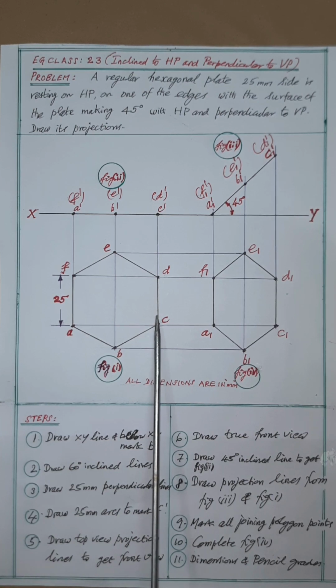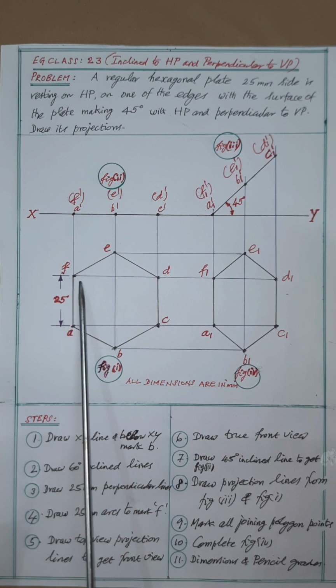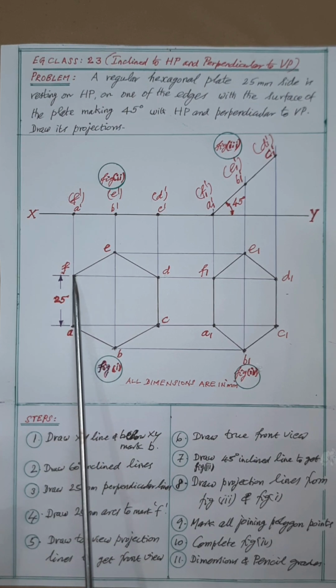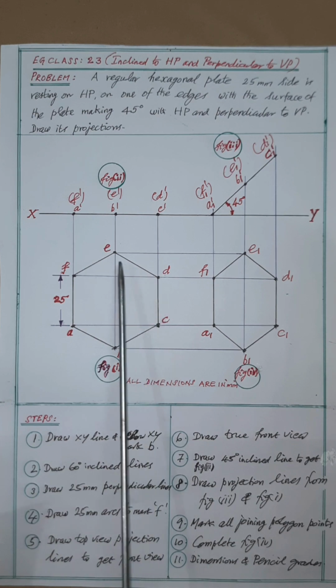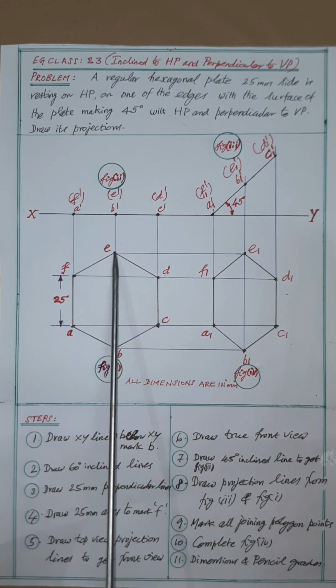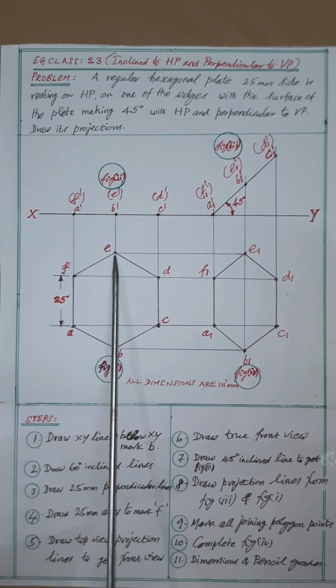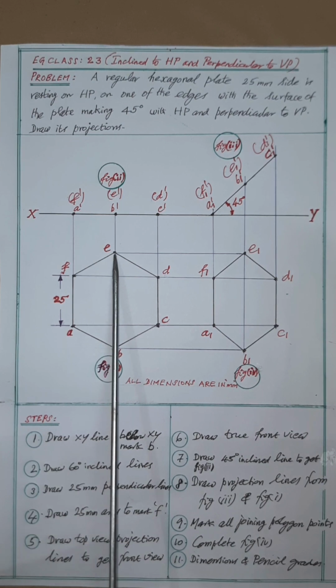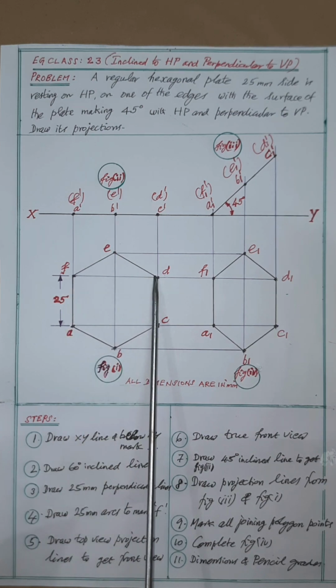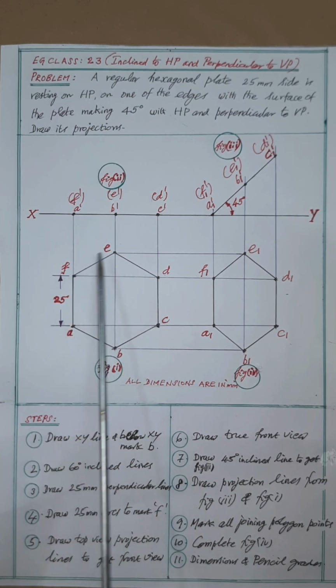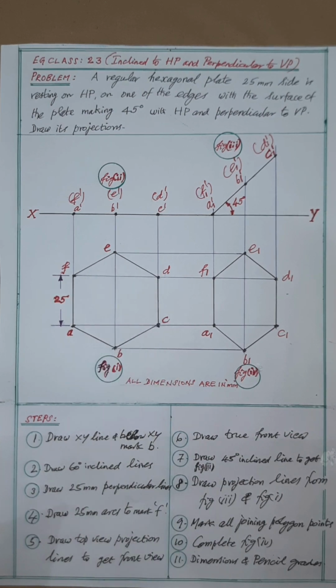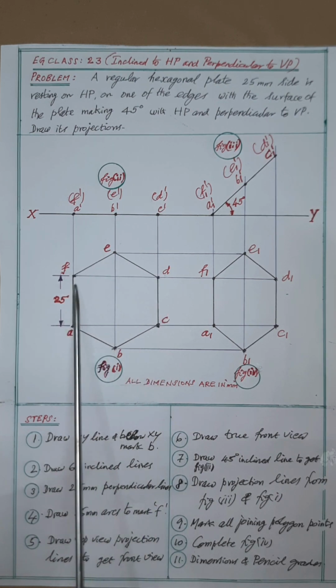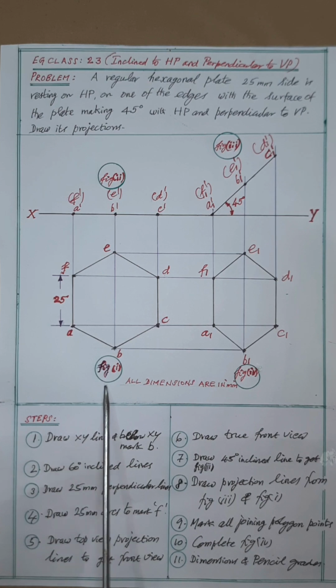As per step 4, draw a 25 mm arc from F and also from D, so that they intersect, and mark it as E. This meeting point at 25 mm distance is marked as E. Now join and get the two more polygon sides, that is FE and DE. Now the true shape on the horizontal plane is drawn and is referred to as figure 1.